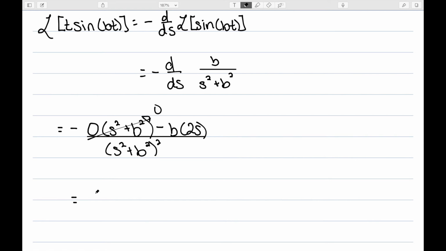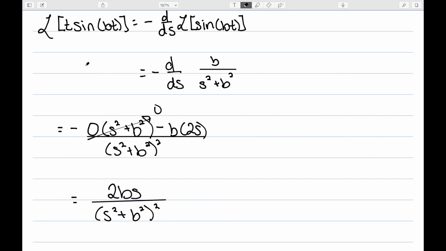I have a double negative, so that makes me positive again. And I have positive 2bs over s squared plus b squared, squared. So now I can have my original set of transforms as well as all of those transforms times any power of t.